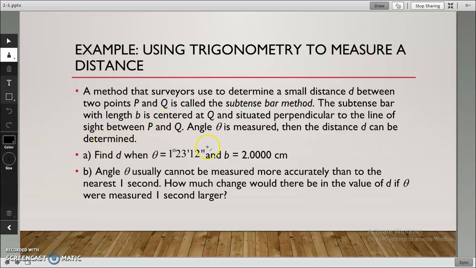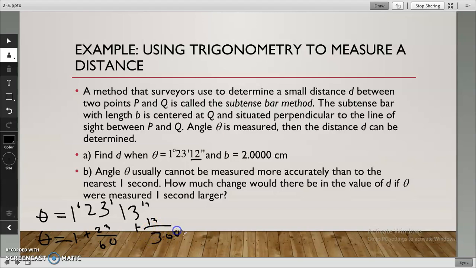So here, if I change this to 1 degree, 23 minutes, and 13 seconds, what would the difference be? So again, I would just plug this in at 1 plus 23 over 60 plus 13 over 3600.